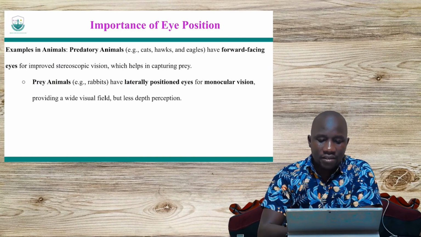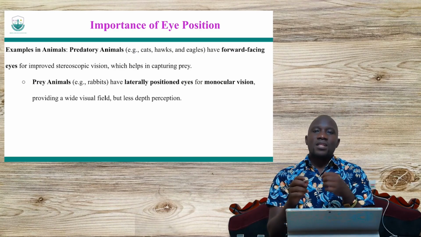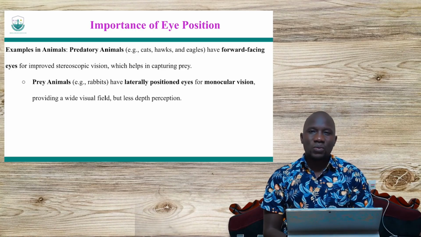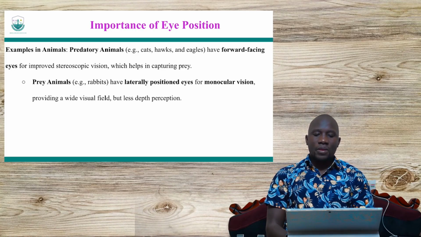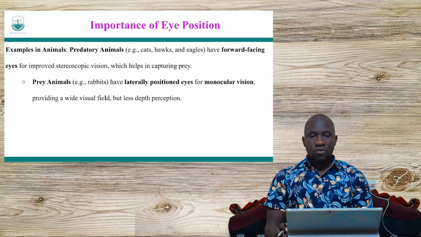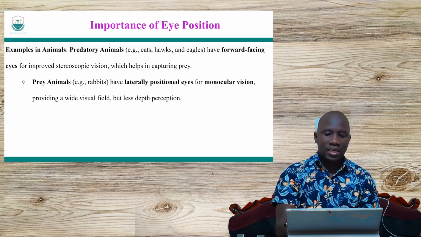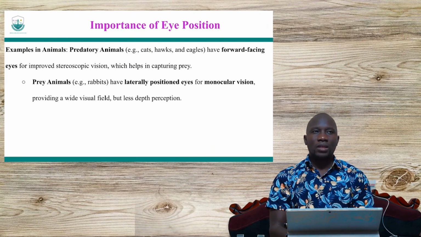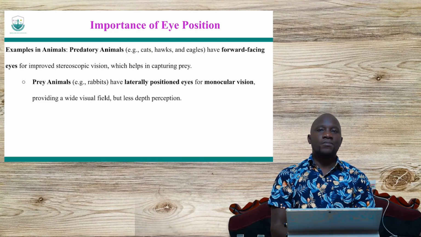Their eyes are laterally positioned. That means that they cannot have the binocular vision that we have explained. Yes, it can provide a wide field of view, but the challenge is that they have issues with depth perception.